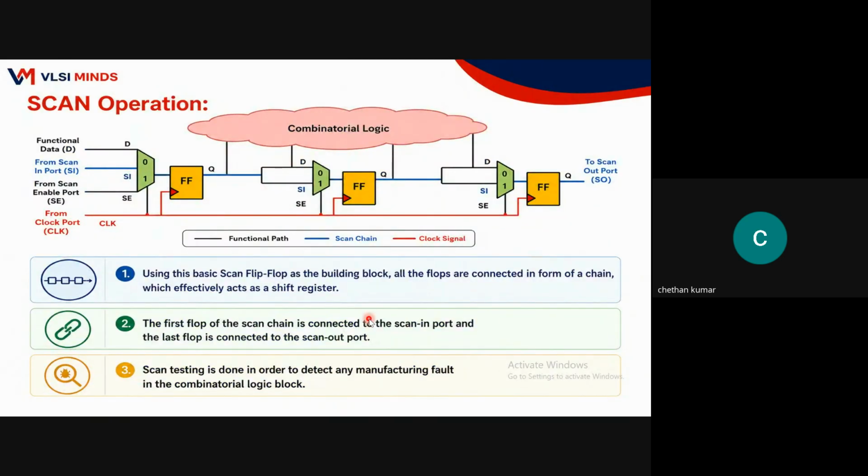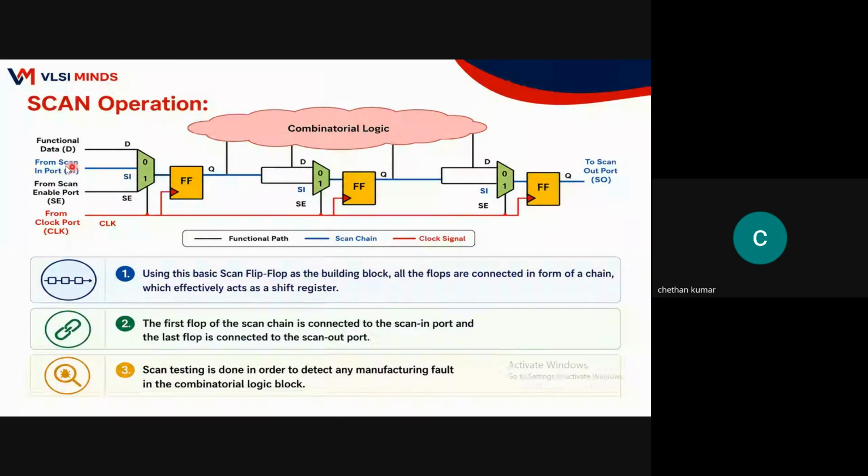So this is how we get it if we combine all the logic inside. I have taken 3 flip-flops as an example, which sit between the combinational logic. The functional data pin will be considered as D, and it comes from any combinational logic.